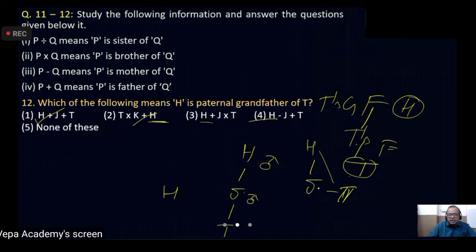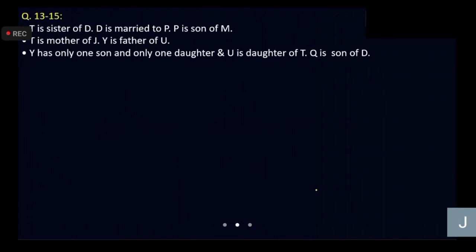Here only 2 generations, so this cannot be the answer. So whenever you represent the given data in the form of generations one after the other, you will have absolute control in solving the question. So for question number 12, 1 is the answer. Is it clear? Yes, sir.